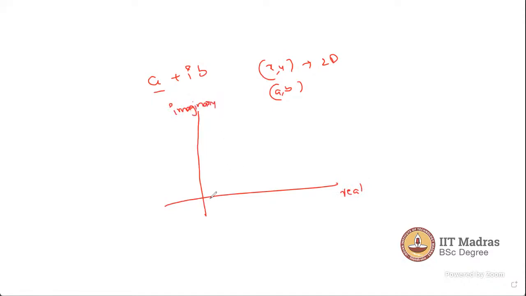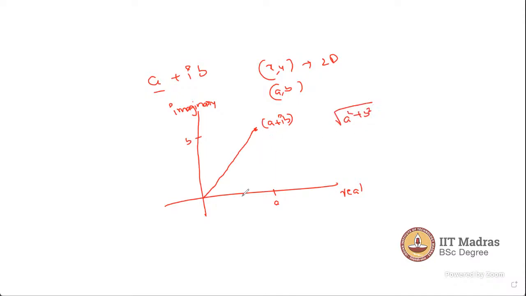So we go a units of length in the x-axis. This is a, and this is b. The point a plus ib will be represented here. This actual length is the magnitude of this complex number. How do you find this length? It is just the square root of x square plus y square, so it's basically the square root of a square plus b square.